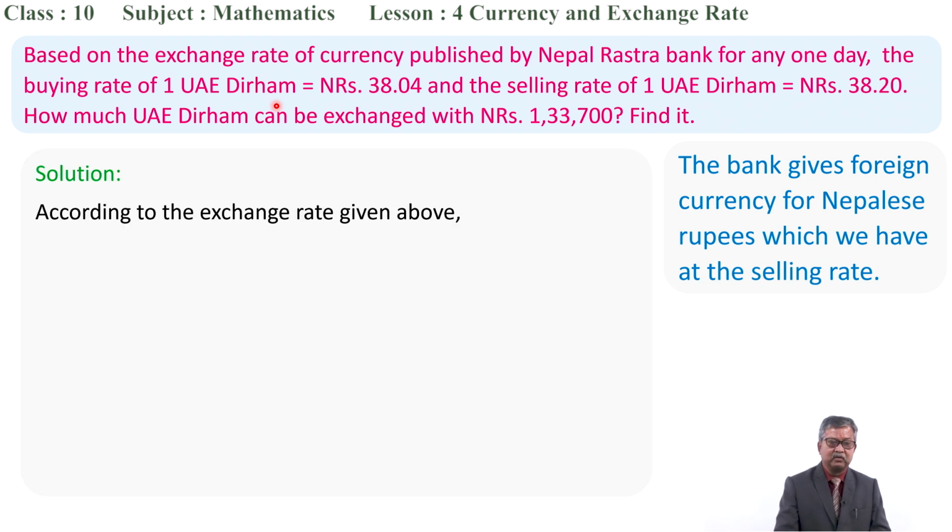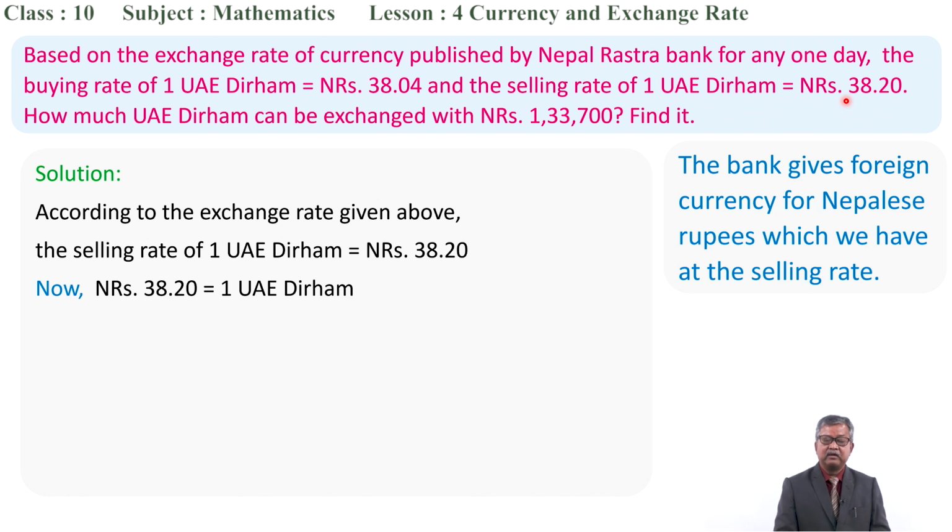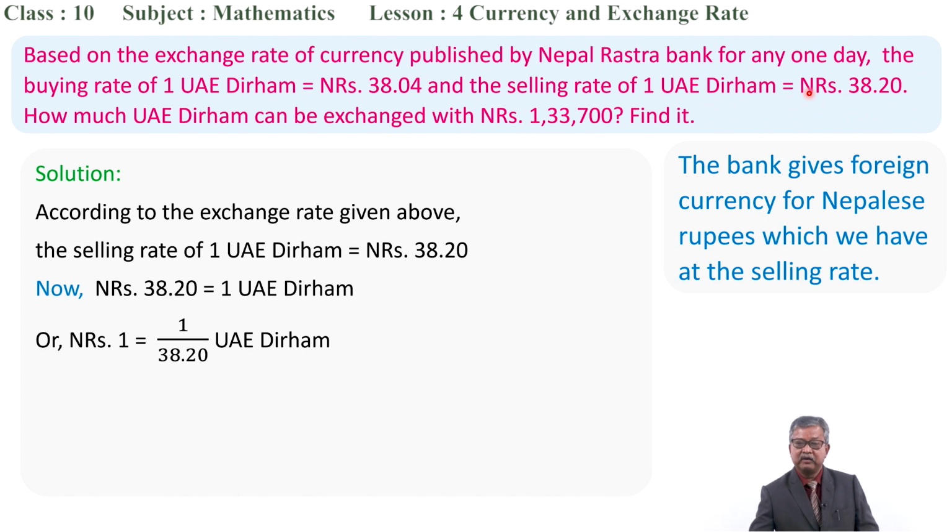So the solution is what? According to the exchange rate given above, the selling rate of 1 UAE dirham is equal to rupees 38.20. So you can say that Nepalese rupees 38.20 is equal to 1 dirham. Then 1 Nepali rupee is equal to 1 upon 38.20 dirham. Then how much do we have to change? 1,33,700.